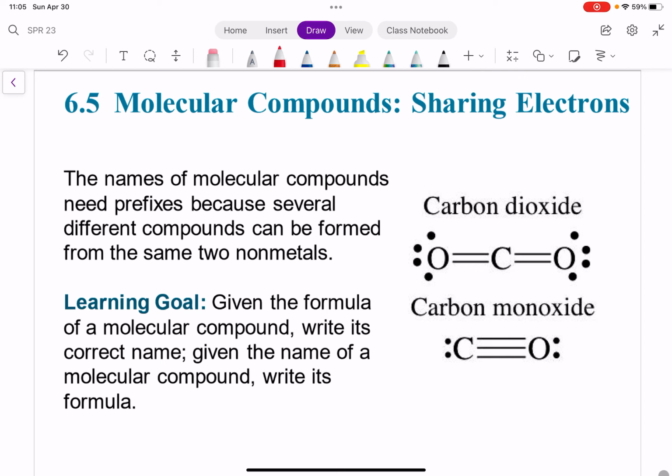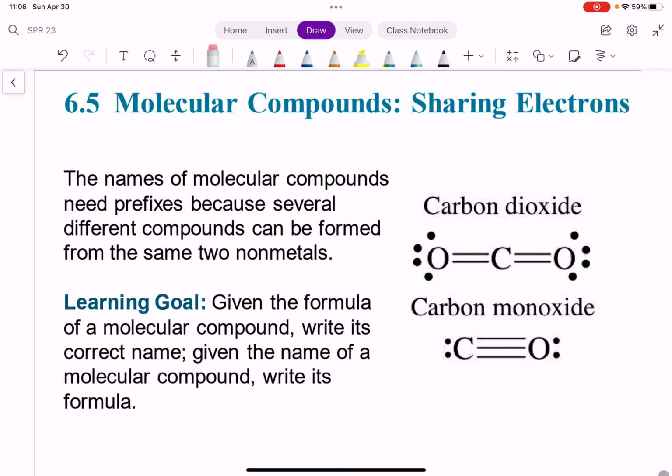And in order to talk about how molecular compounds are created, we need to talk about how we name molecular compounds because they are pretty different, and the way that they're named can make a big difference in showing what kind of molecule you have. For instance, I've talked about it several times, but there's a big difference between carbon dioxide and carbon monoxide.